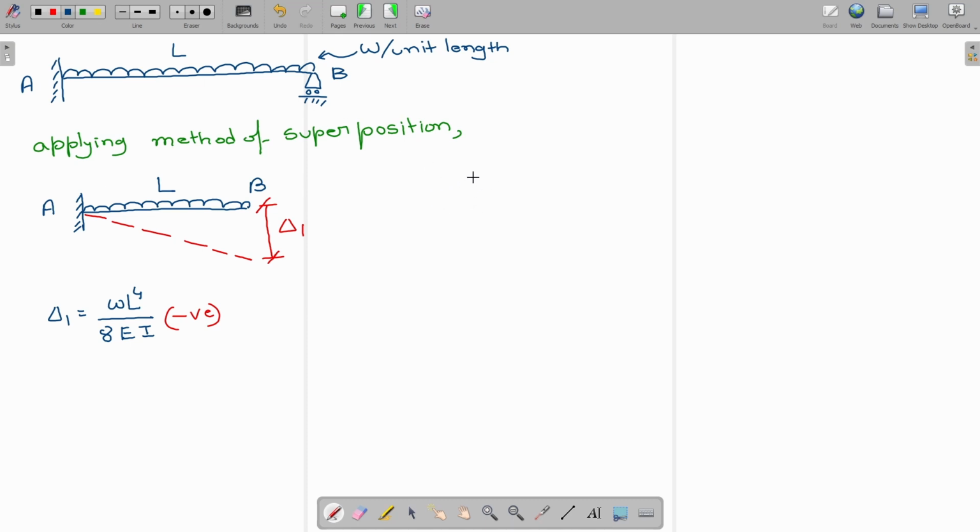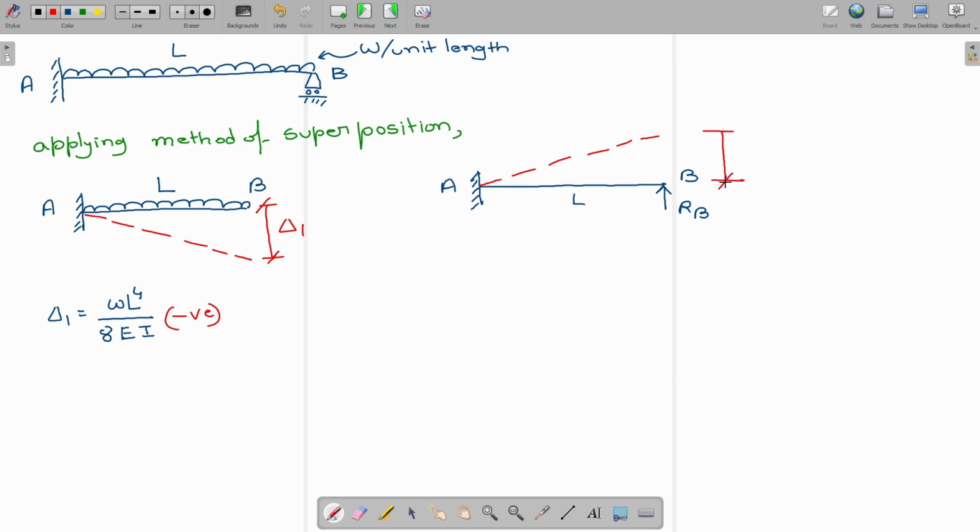Now, we are going to consider the same beam and apply the reaction due to the prop end. This is RB. Okay. This point is B. This point is A. Length is L. Now in this case, the deflected shape of the beam is like this in the upward direction.